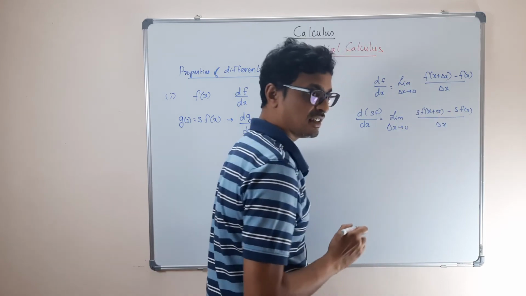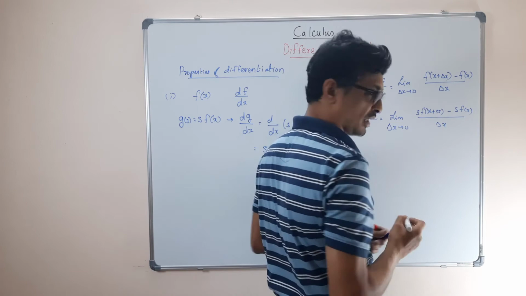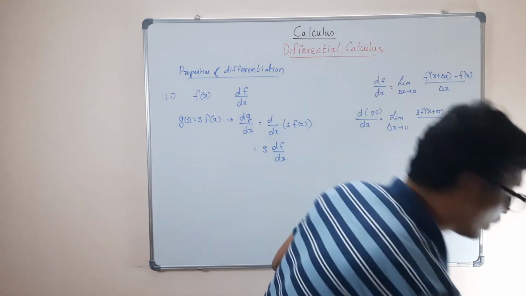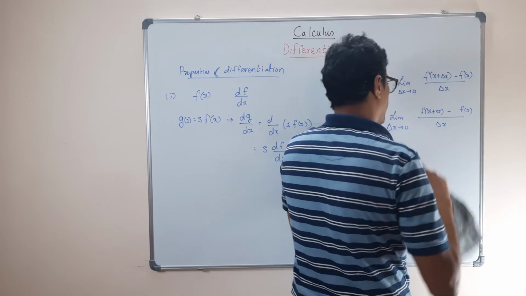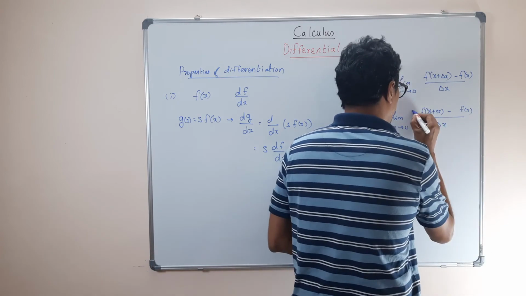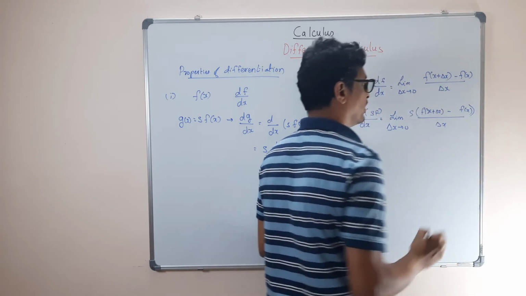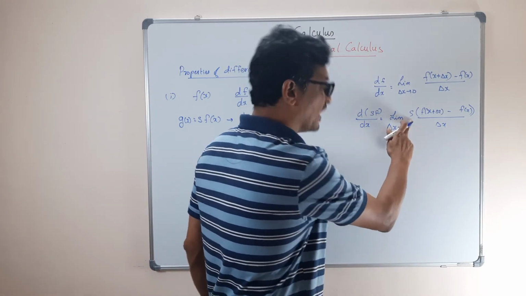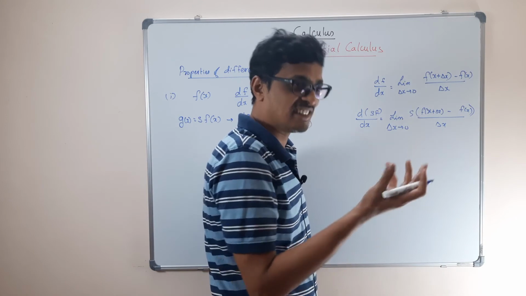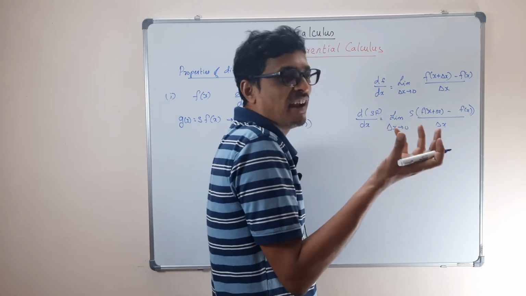s is a constant, so you can take it outside of both of these. I will take this s out and write it as s into this. Now, when delta x goes to 0, will s change? Because s is a constant, some number, that doesn't matter at all.